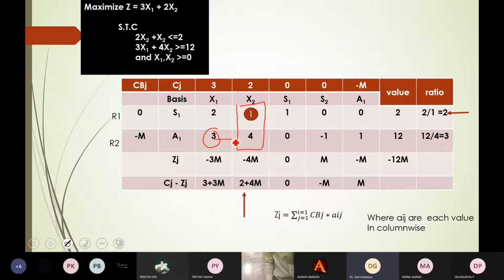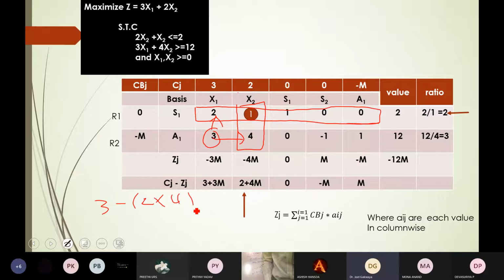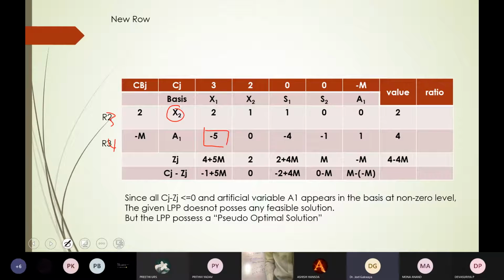The corresponding key column element is 3, and the corresponding key row was 2. So we take 3 minus 2 times 4 divided by 1, because 1 is the key element, which is 3 minus 8, equal to minus 5. You do the same for the second one.